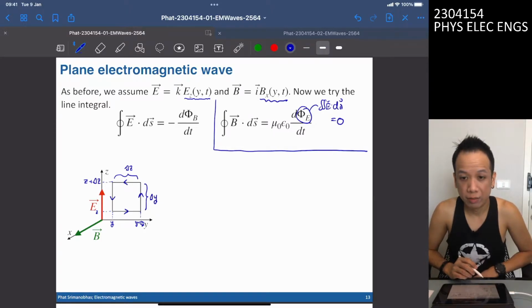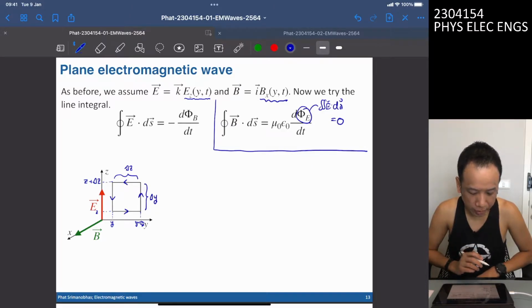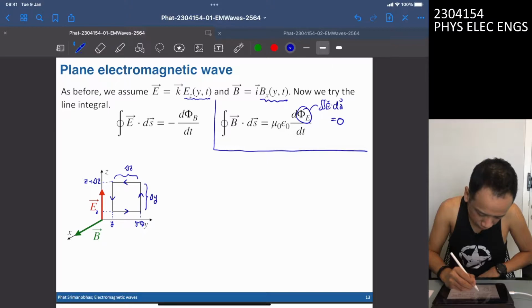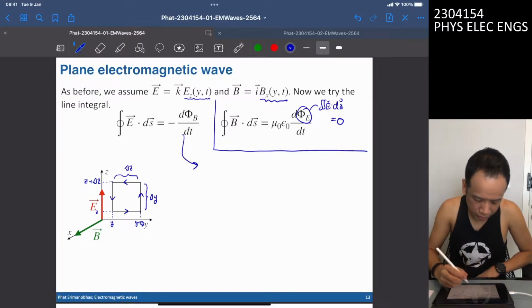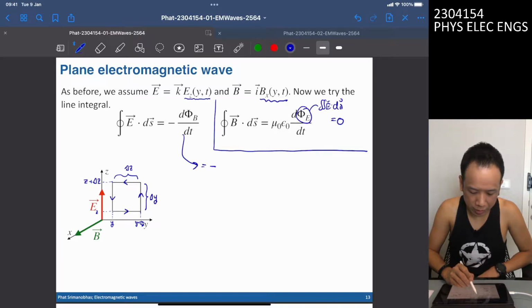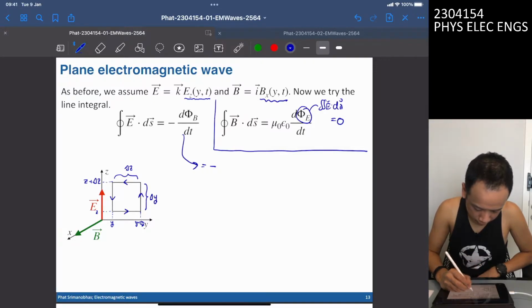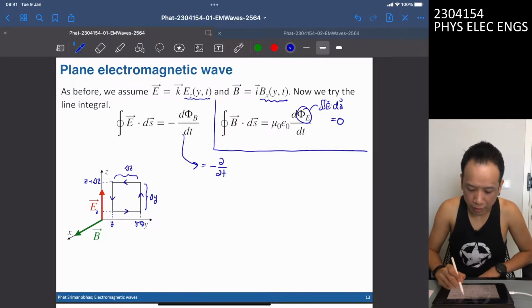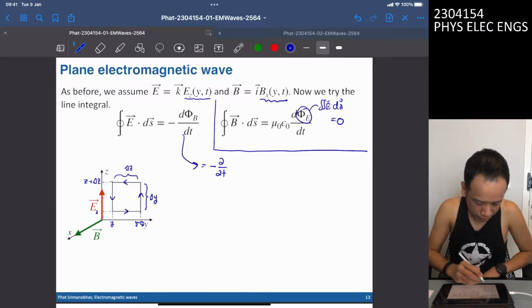Okay, so now we start on the first equation. Let's do the right hand side first. The change of the magnetic flux. Okay. So the change of the magnetic flux is equal to minus d by dt of phi B. Phi B is B dot dA. B is a function of y and t. Okay, so the derivative becomes the partial derivative because B depends on y and t. Okay, and then B dot dA. What is dA in this case? Okay, I can write it.